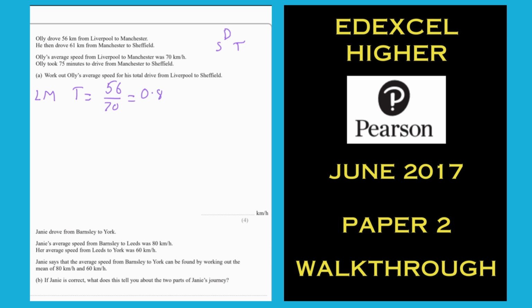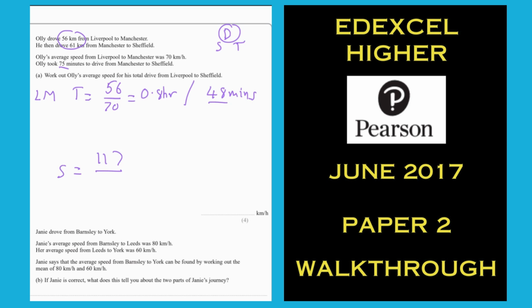But think for a second, 0.8 hours. All right, you might want to work in minutes, so times it by 60. It's your choice. That does now mean to work out the average speed, you do now know the total distance. So those two added together, that's 117. You also know the times, 75 minutes, 45 minutes.